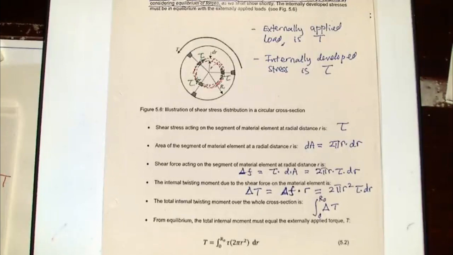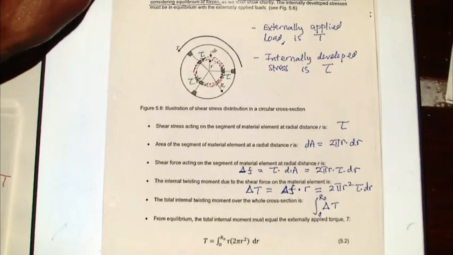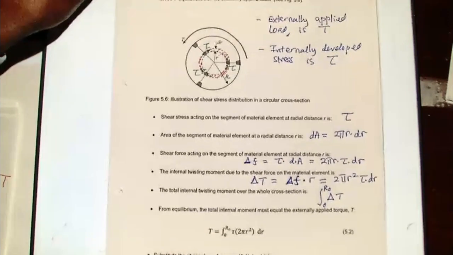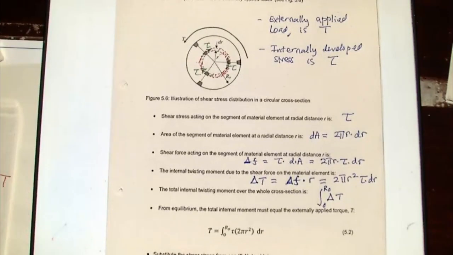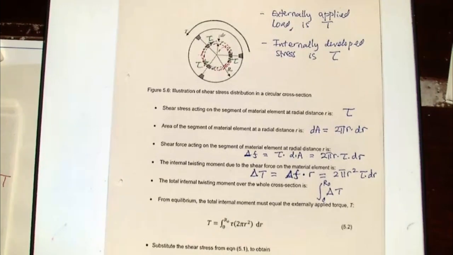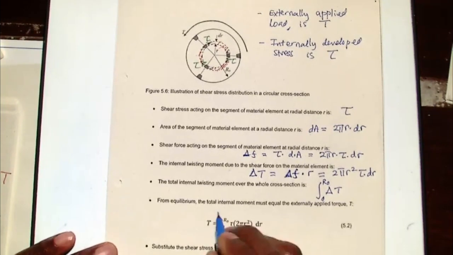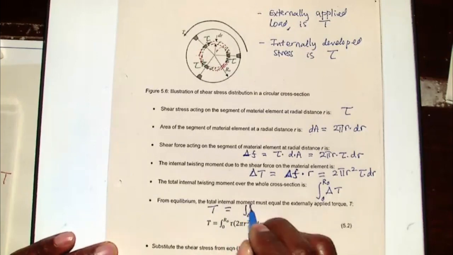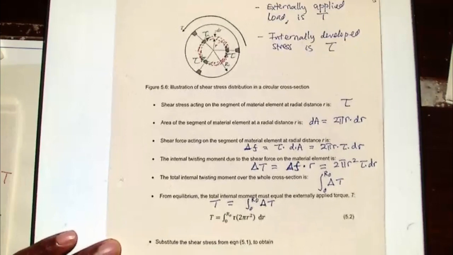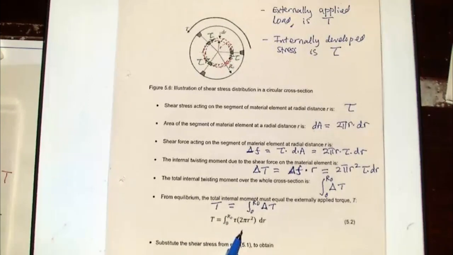So that is coming from that internal shear stress, but we now have to equate that to the load that is applied because of the concept of equilibrium. We will say that the torque that is applied must equal that integral of delta T. And that will give me this.